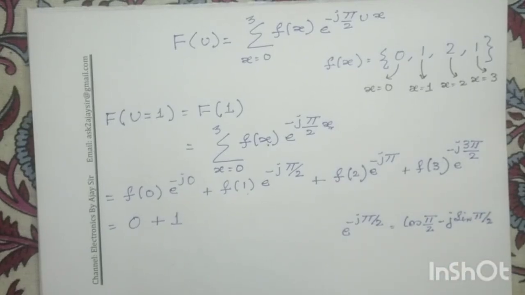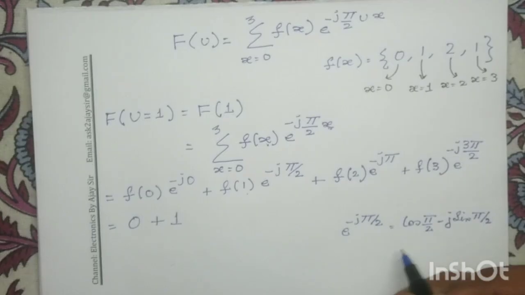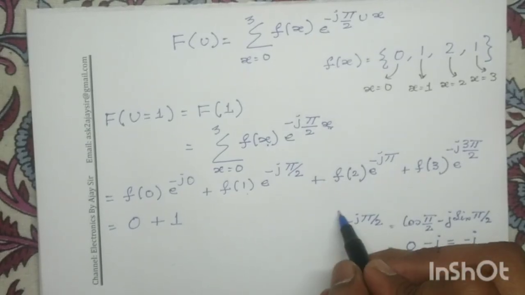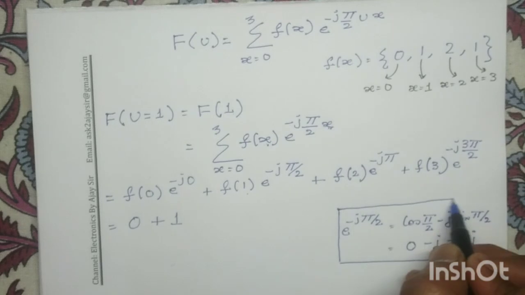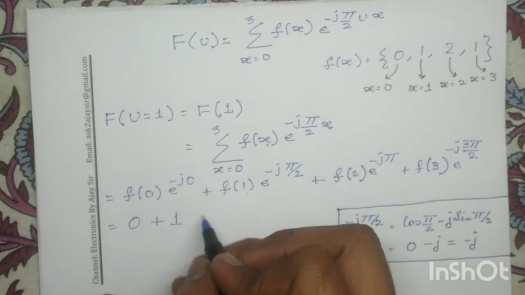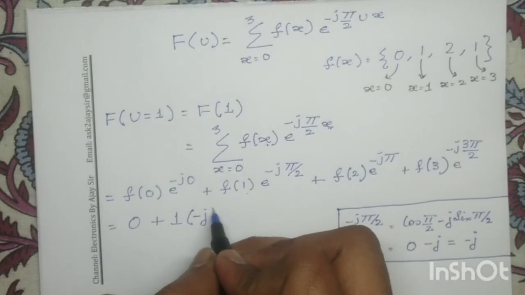We all know that cos pi by 2 is 0, whereas sin pi by 2 is 1. So it becomes minus j. So in place of e to the power minus j pi by 2, I will substitute minus j.